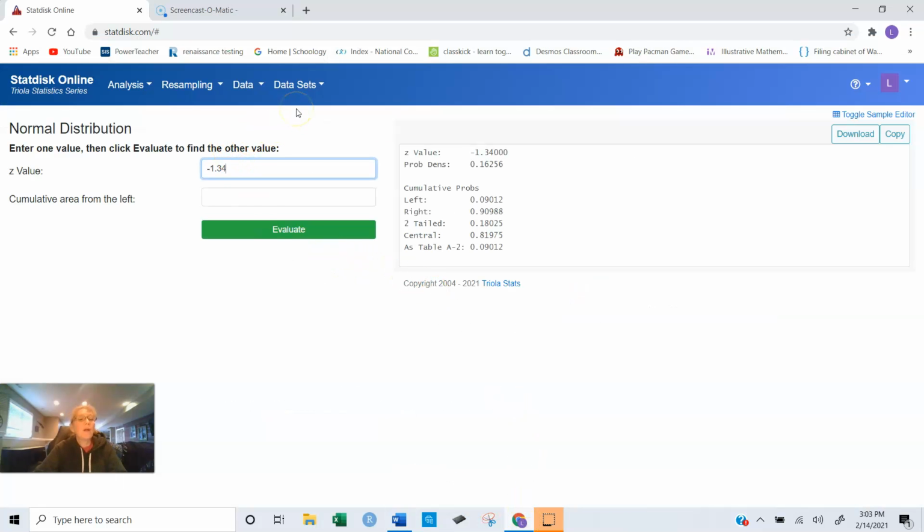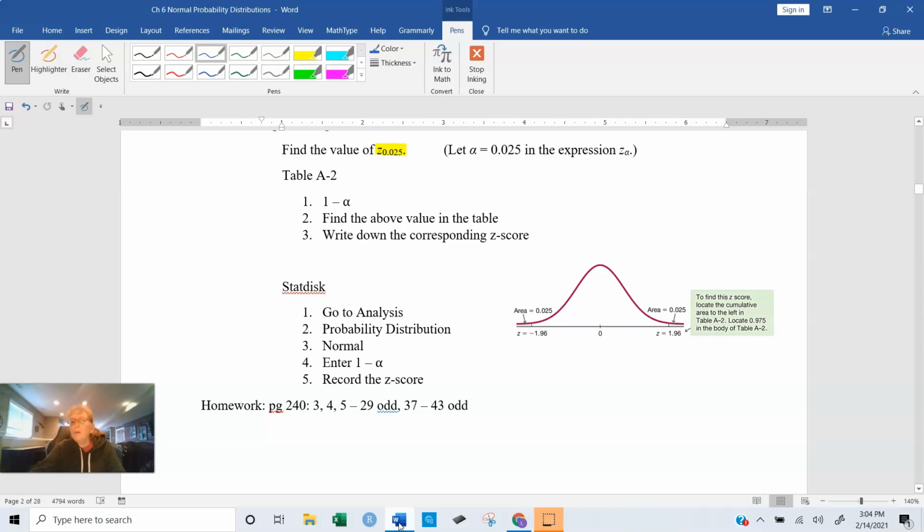So now that we're given a cumulative area, not the z-score, we type this down here in the area, and we get 0.025. And that tells us my z-score is a negative 1.95996.